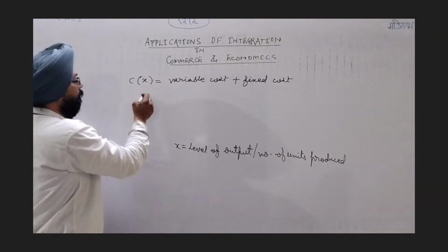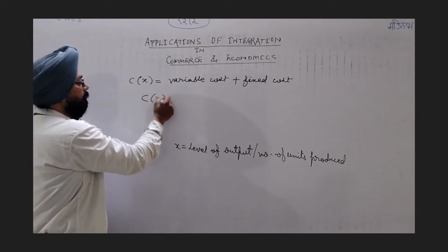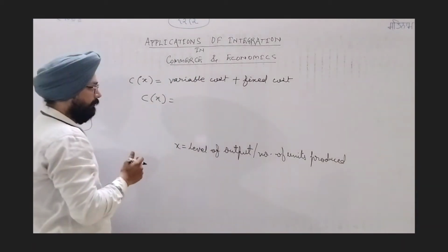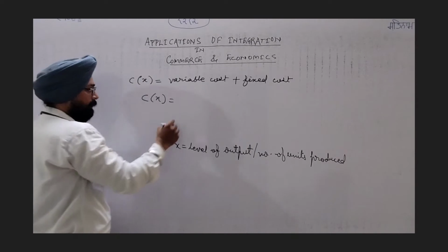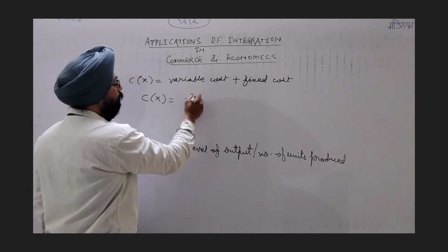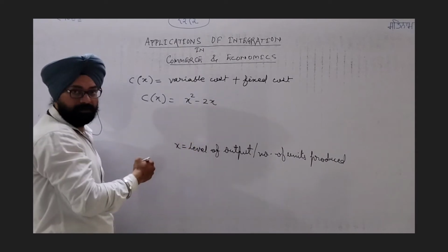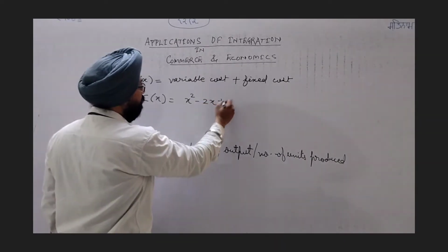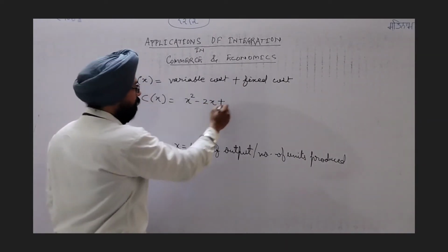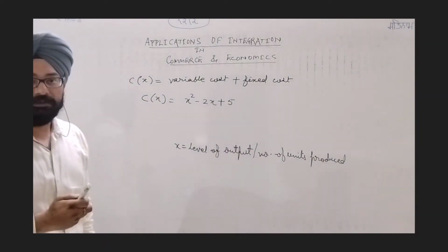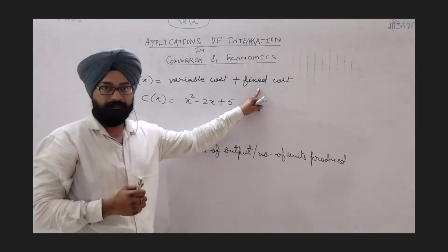That's why when C(x) is written, variable cost means any expression in terms of x. Let's say for example it is x square minus 2x. So this is variable cost. And when a constant is added here, it's 5 suppose, this is fixed cost which does not change with time.